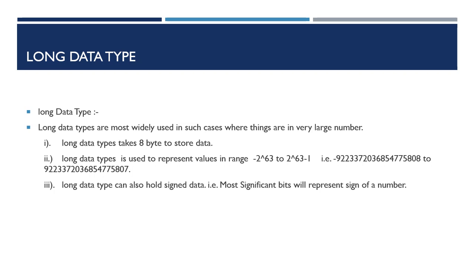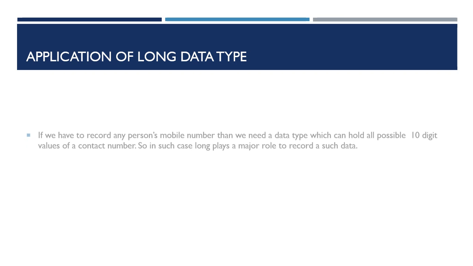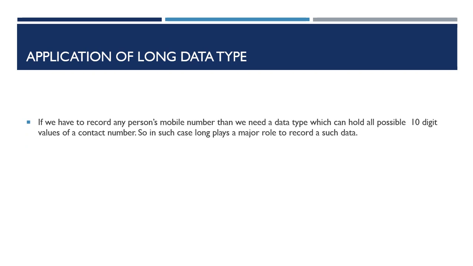So what are the applications of the long data type, friends? Let's consider a scenario. If I want to save the phone number of any particular person, then the integer data type is not able to represent a phone number. Yes, it is a 10-digit number, but integer cannot represent all the combinations of it.